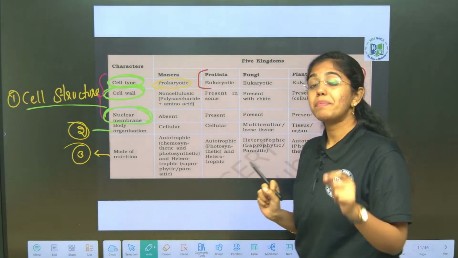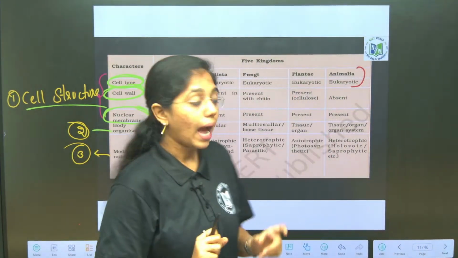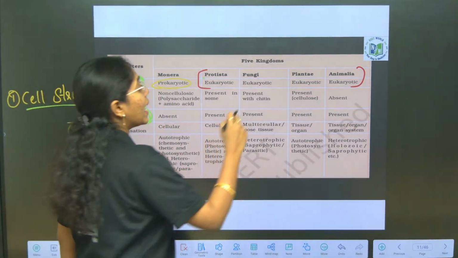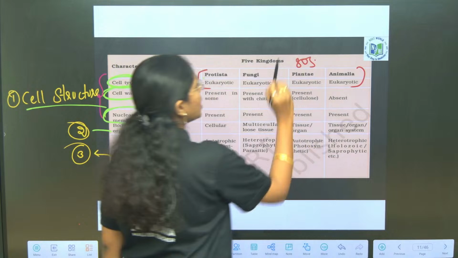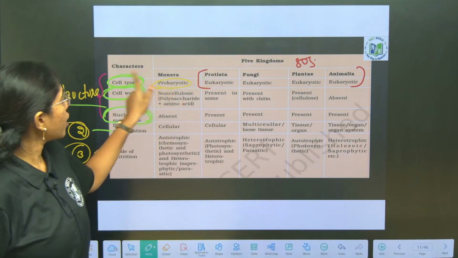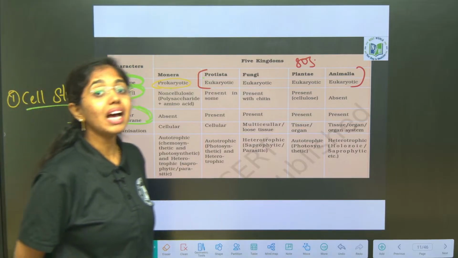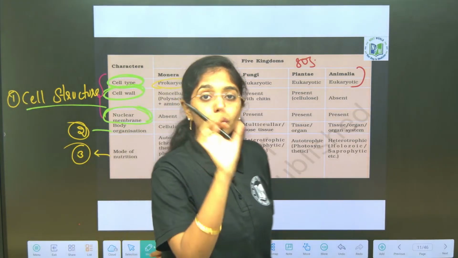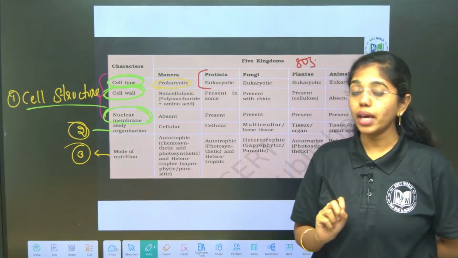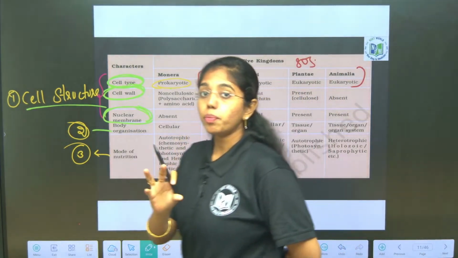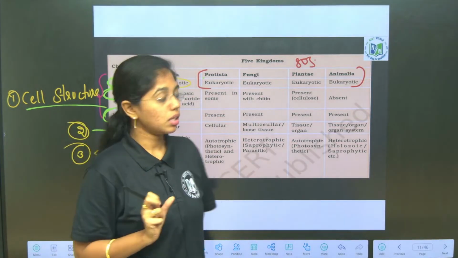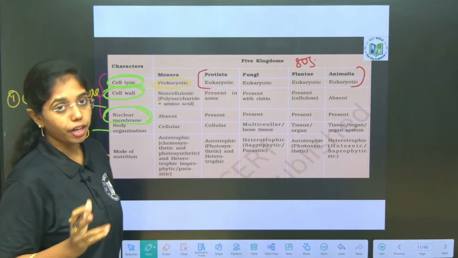It possesses a membrane-bound nucleus, membrane-bound organelles, and 80S ribosomes. These are the key features of a eukaryotic cell. And a prokaryotic cell includes what? 70S ribosomes. The nucleus is not completely covered by a nuclear membrane, and the cell doesn't have membrane-bound organelles. These are the key features of a prokaryotic cell.